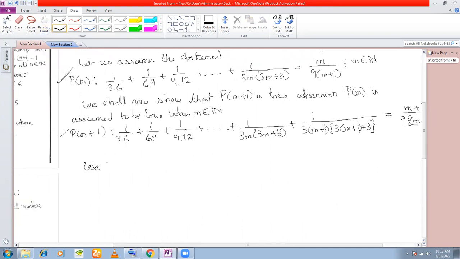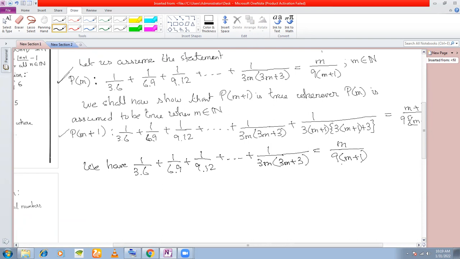So we have 1 by 3 into 6 plus 1 by 6 into 9 plus 1 by 9 into 12 and so on till 1 by 3m into 3m plus 3 is equal to m by 9 times m plus 1.